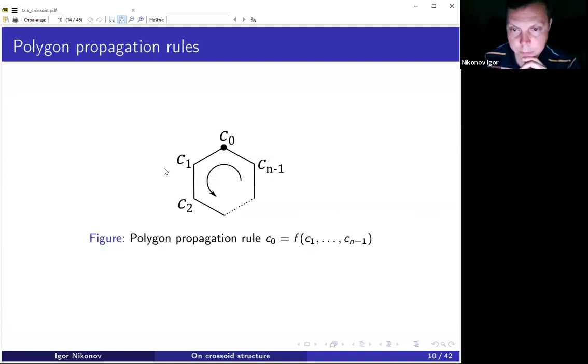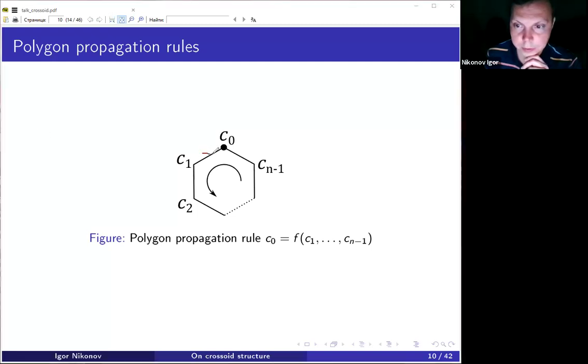By default, we assume that we have counterclockwise direction on the polygon, and each edge may coincide with this counterclockwise rotation, or be in the opposite direction. So we have some orientation for each edge of the polygon. This is another set of parameters.